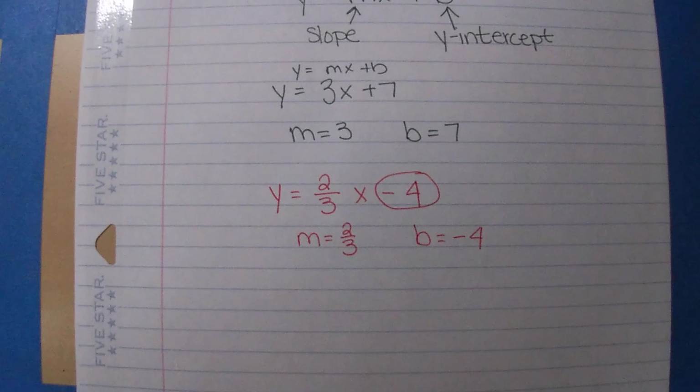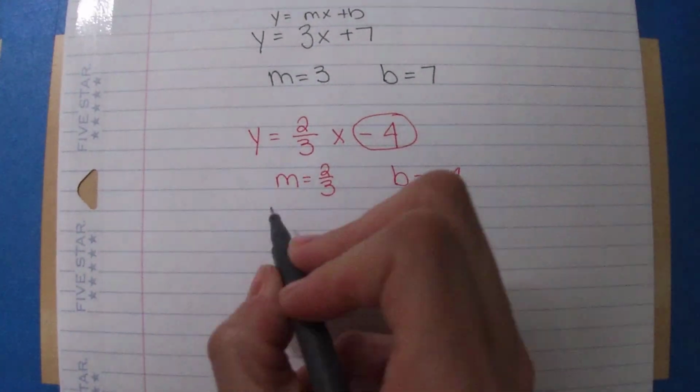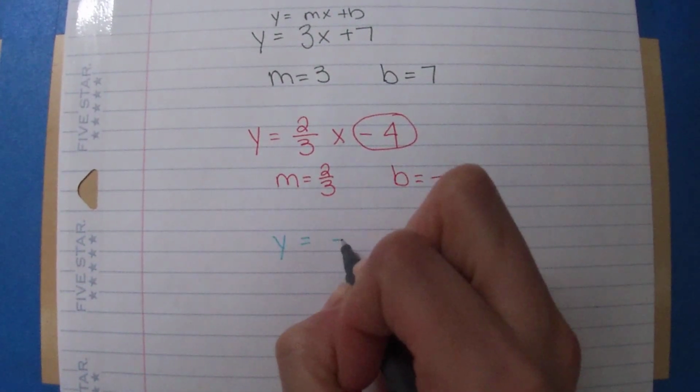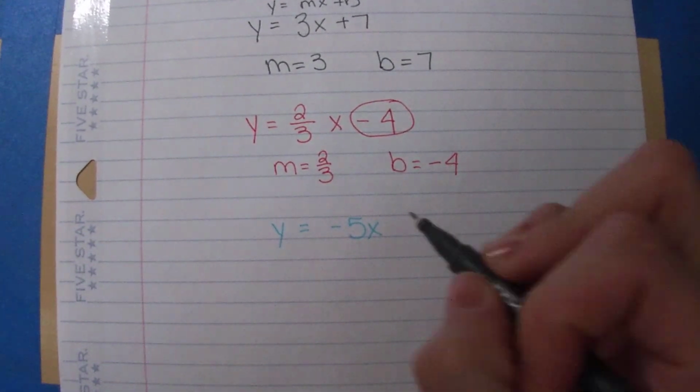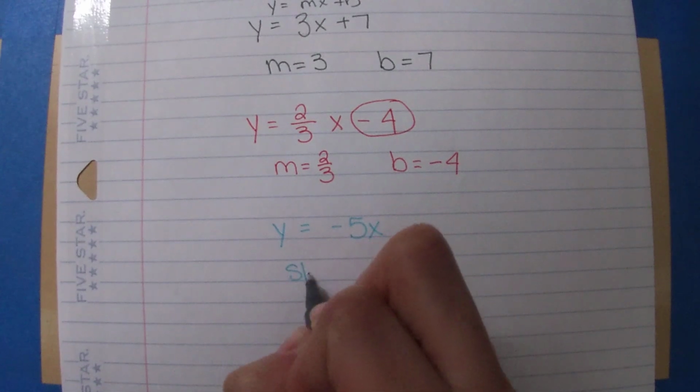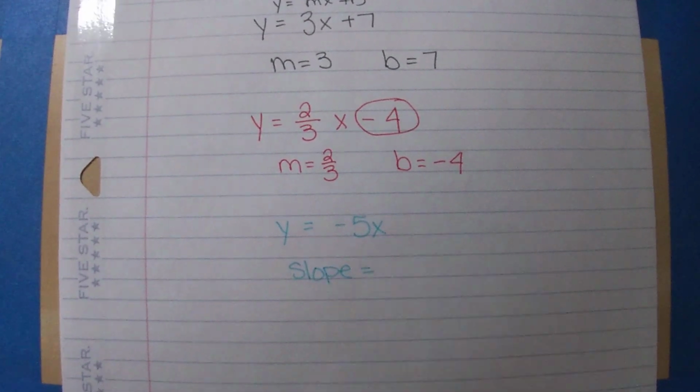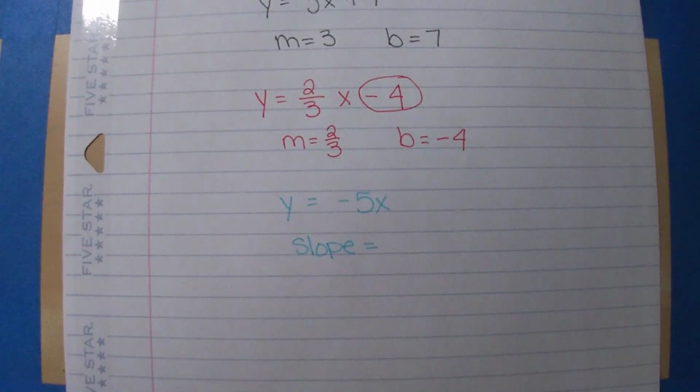Okay. Now, sometimes one of those values might be 0, and if there's a 0 in there, it can make something cancel out, so we can't really see it when we first look at it. For example, if I say y equals -5x, right? I don't see anything being added or subtracted here. So the slope is still what would be my m, so I'm just going to write the word slope here instead of m. But keep in mind, those are the same thing.